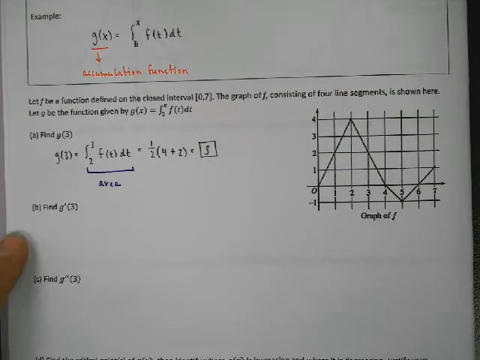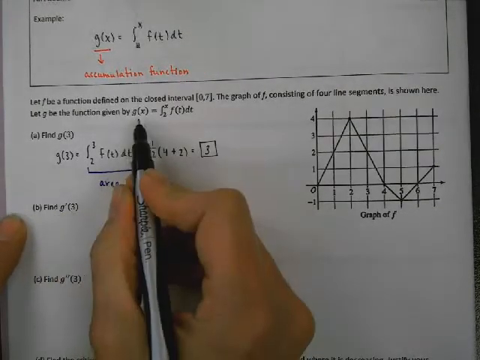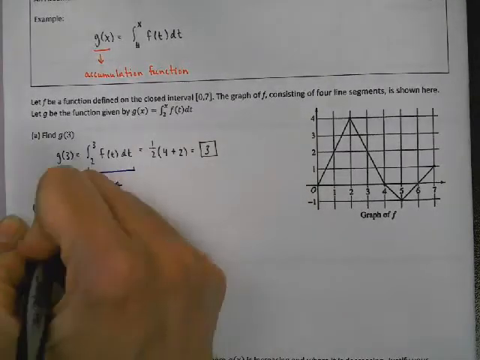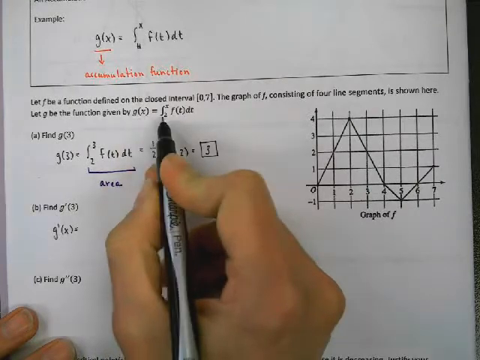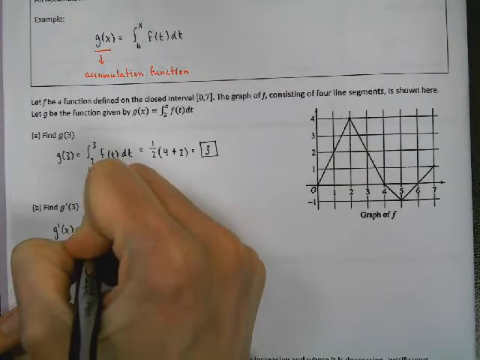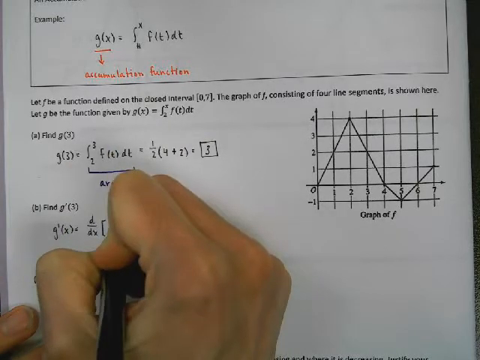Now the next question is asking me about g prime of 3. So before I worry about 3, I'm just going to deal with, well, what's g prime of x? So g prime of x I know is going to be the derivative, so the derivative with respect to x, of my integral.